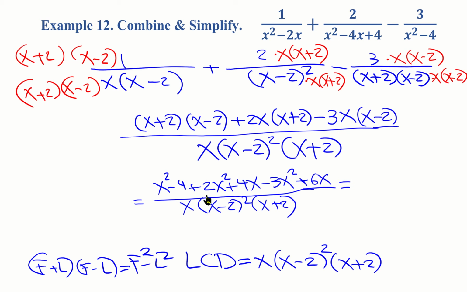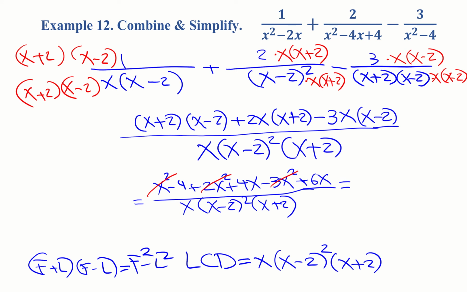So now we notice that we have x squared plus 2x squared, which is 3x squared, and then a negative 3x squared here. So what happens? You guessed it. Those cancel out.